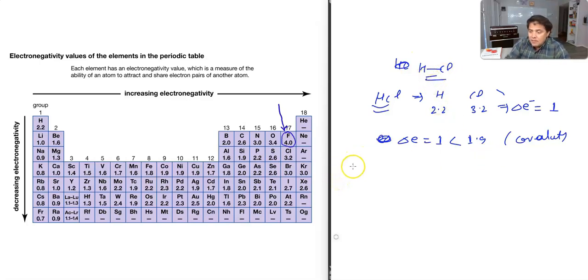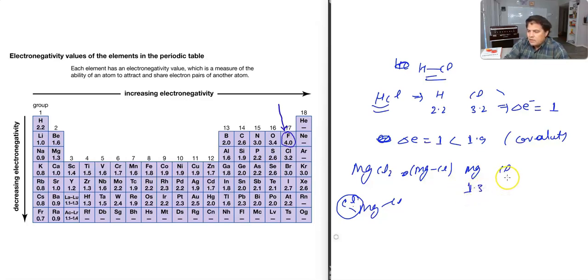Similarly, magnesium chloride, MgCl2, right? We have a magnesium and two chlorines. The bond is between magnesium and chlorine. Magnesium is 1.3 and chlorine is 3.2, so the difference is about 1.9.